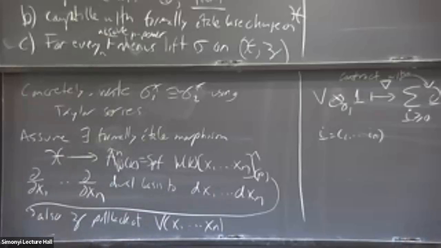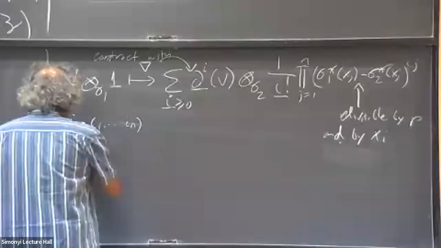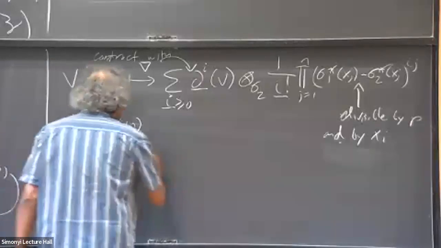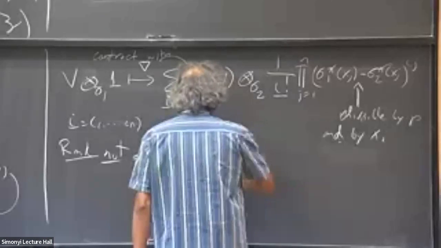So you don't assume any sort of nilpotence on connections? No, so maybe this is a remark: I'm not assuming any sort of nilpotent p-curvature condition.